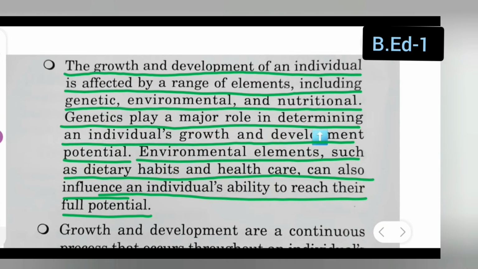Next is the continuation. The growth and development of an individual is affected by a range of elements, including genetic, environmental, and nutritional.